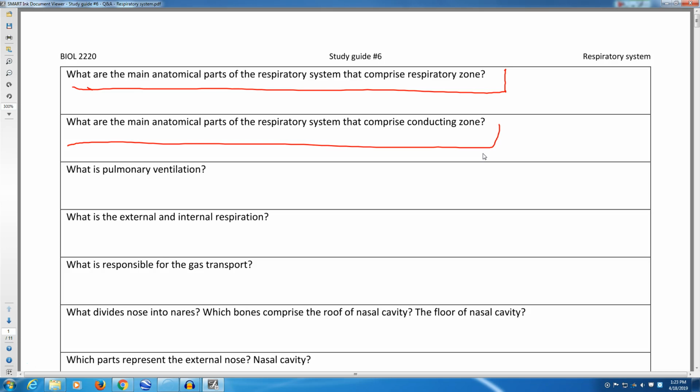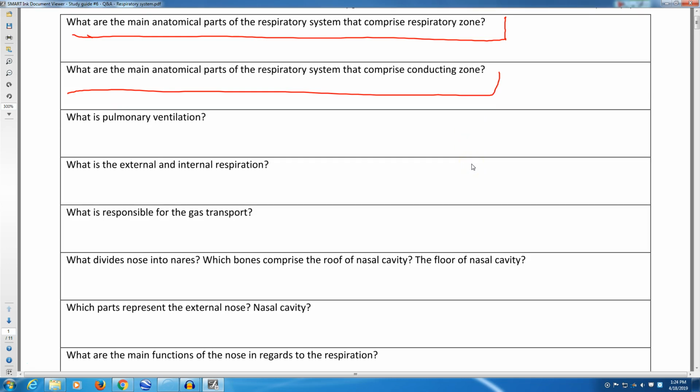Essentially all the way down to the terminal bronchiole, it's the conducting zone. Respiratory bronchiole, alveolar duct, alveolar sac, alveoli: respiratory. Conducting all the way down to terminal bronchiole. Starting from respiratory bronchiole, it's the respiratory zone.